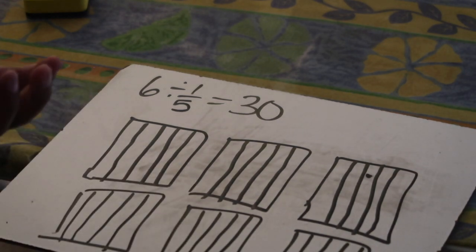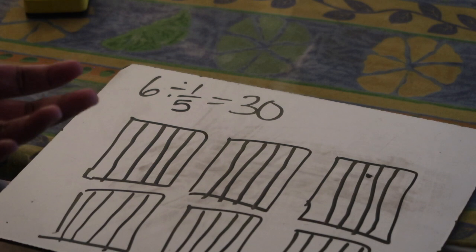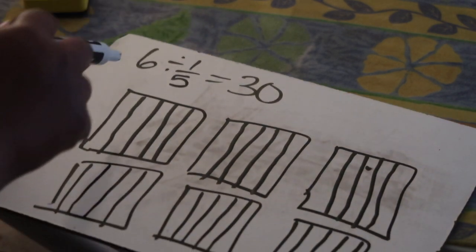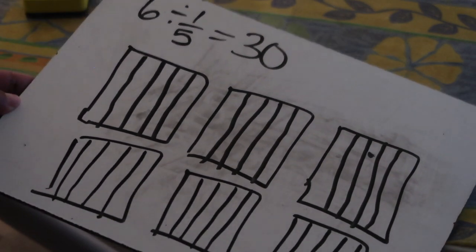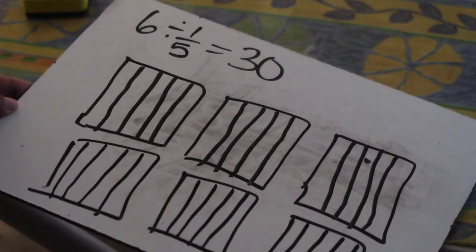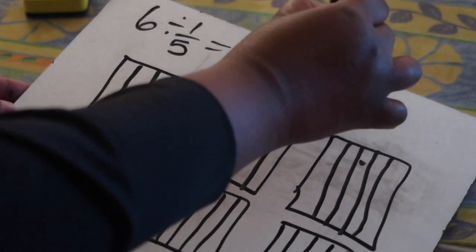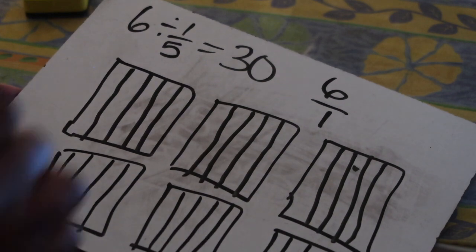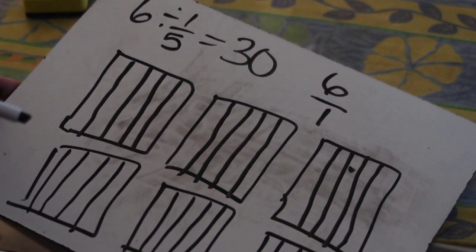So another way you can do this is, if you notice, what's 6 times 5? 6 times 5 is 30. So again, if you put a 1 under a whole number, it still equals the whole number. So I turn my whole number into a fraction.